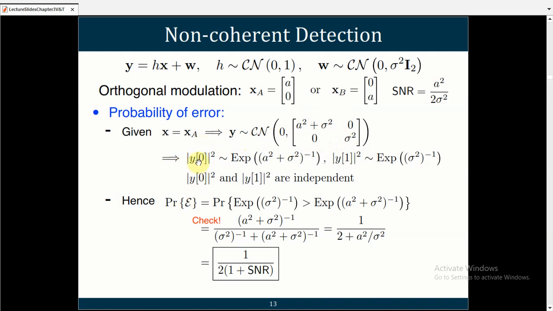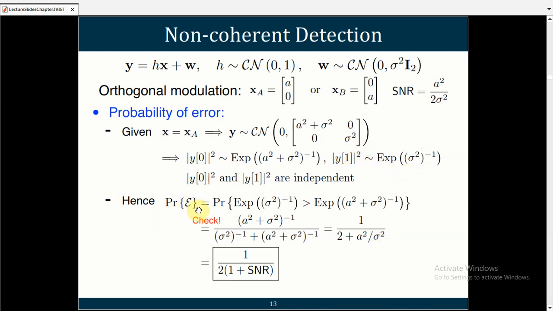The distribution of |y0| squared is an exponential distribution with argument 1 over (a squared plus sigma squared), and the distribution of |y1| squared, at the second time instant, is exponential with argument 1 over sigma squared. Now we should keep in mind that |y0| squared and |y1| squared are independent.